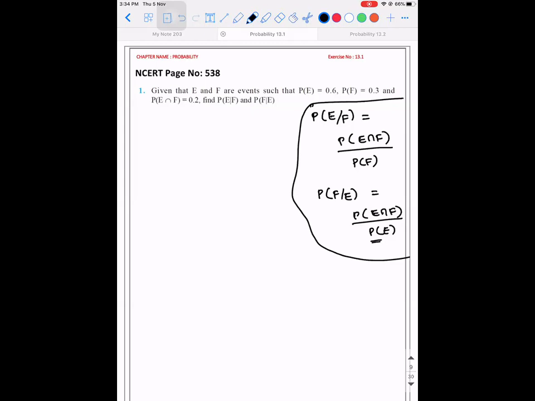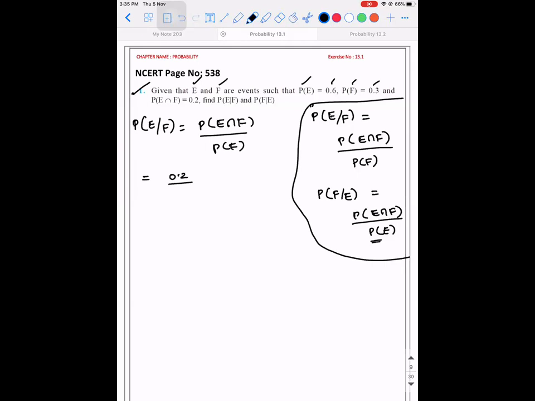So the first problem is, given that events E and F are such that probability of E is 0.6, probability of F is 0.3, and probability of E intersection F is 0.2. Find probability of E given F. So probability of E given F is probability of E intersection F divided by probability of F. What is the answer, guys?